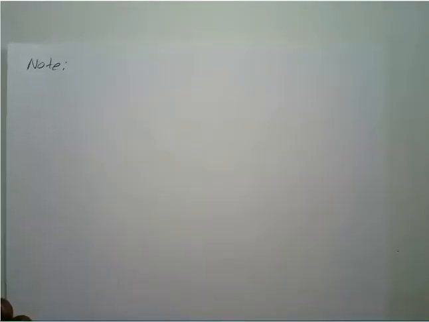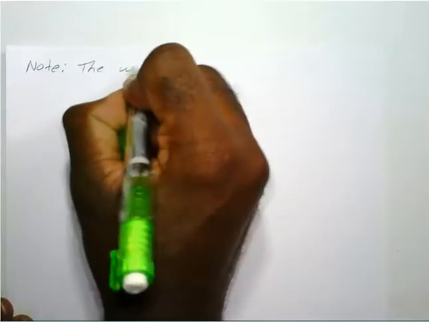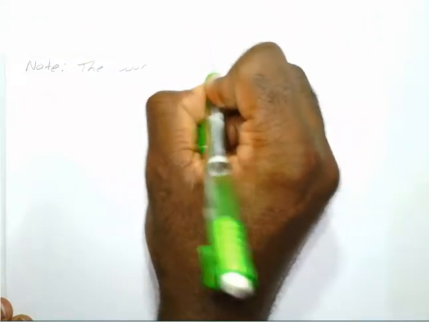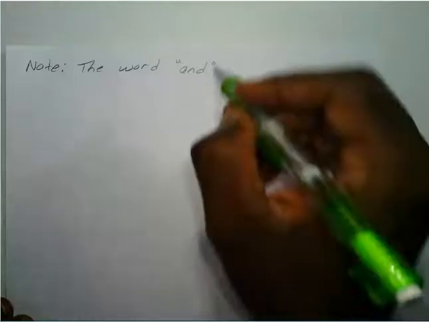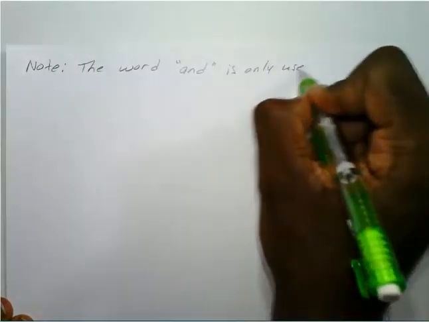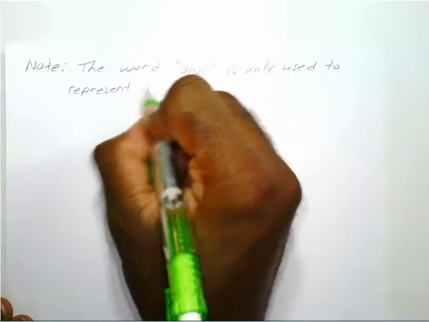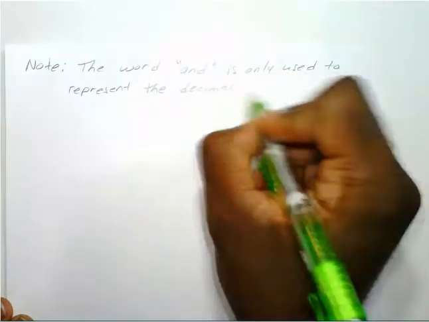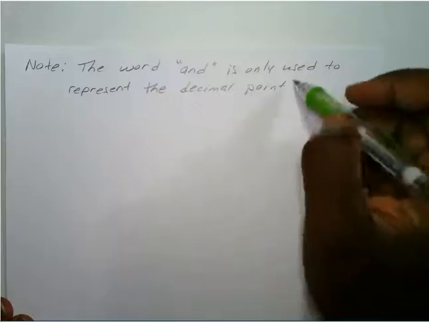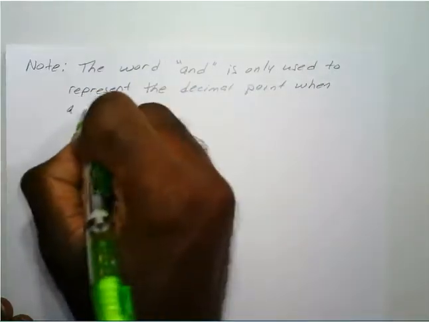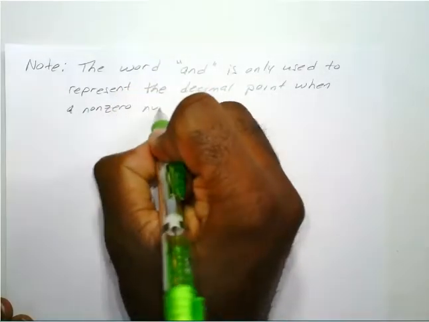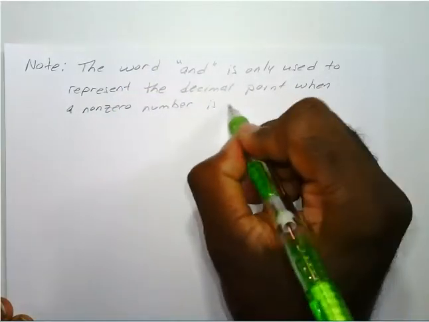Okay, let me move these out of the way. Quick note while we're converting: the word "and" is only used to represent the decimal point, when a non-zero number is to the left of the decimal.